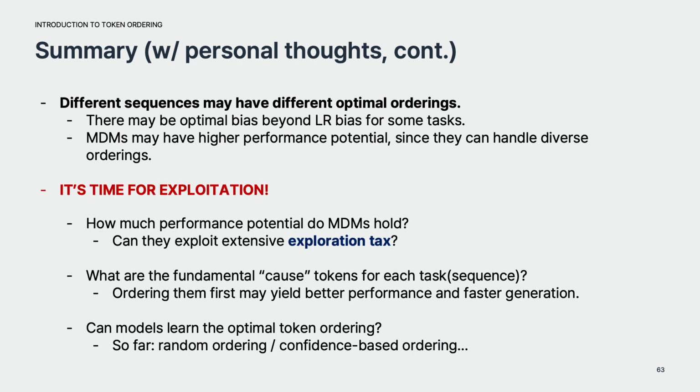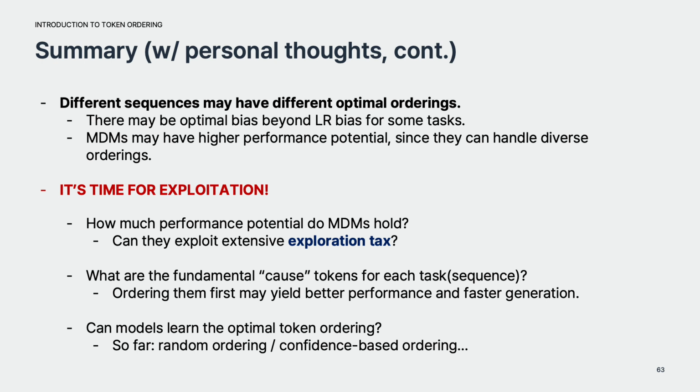So what's next? It's time for us to really exploit this. How much performance potential do MDMs actually have? Can they make use of this broad exploration space even if it seems inefficient? And here's another question: for each task, what are the fundamental key tokens?